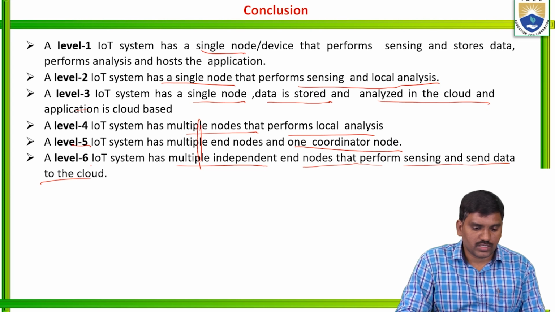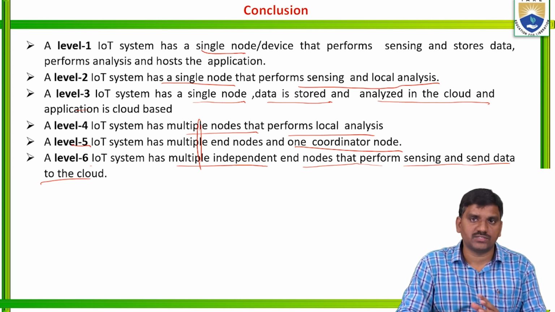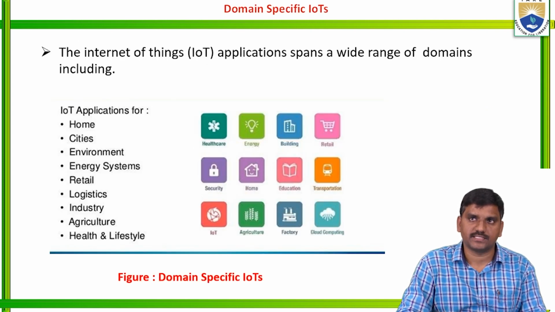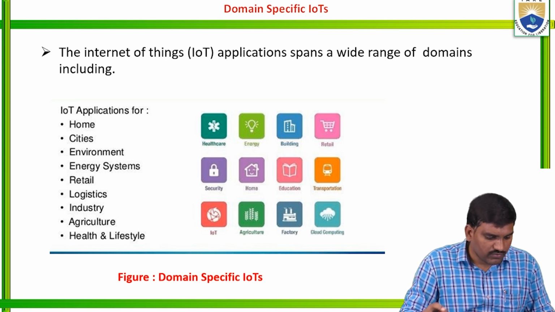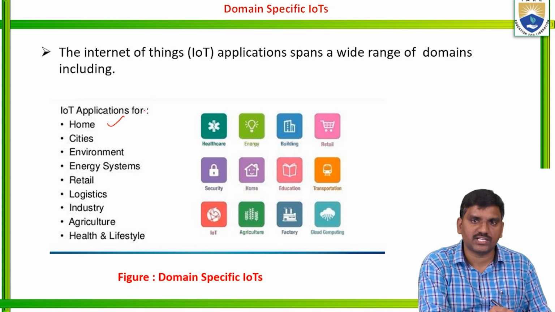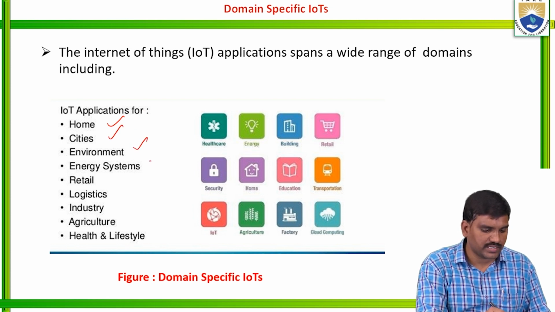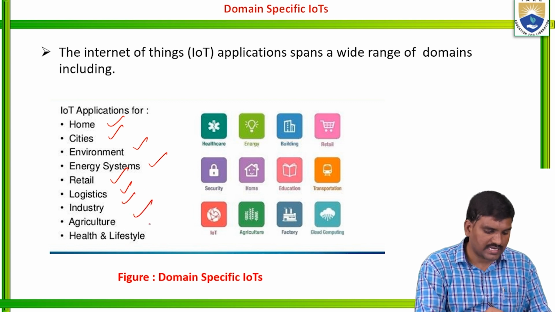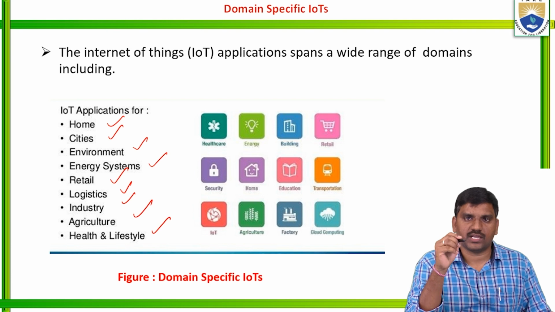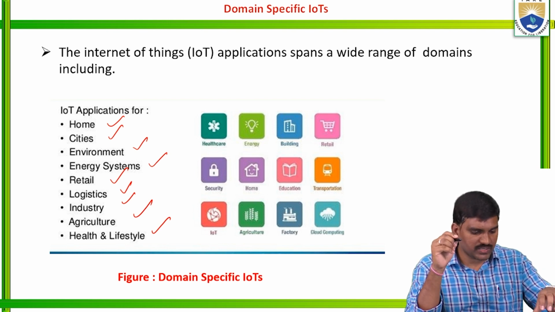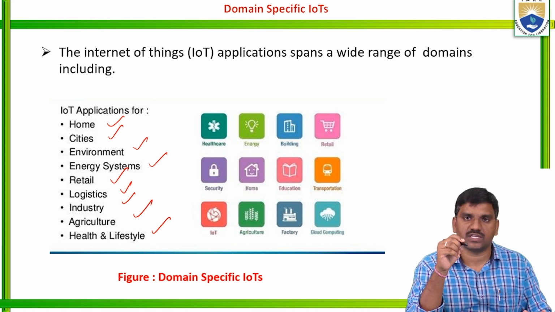Next, the IoT levels are over. Next, deployment templates: domain specific IoT. Here we have different applications: home applications, cities, environment, energy systems, retail systems, logistics, industry, agriculture, and health and lifestyle. So these are the domain specific IoTs, starting from home to health and lifestyle.